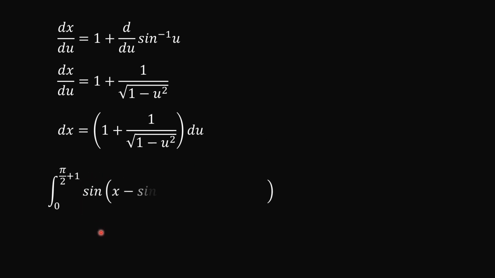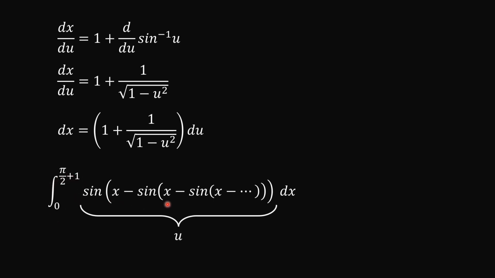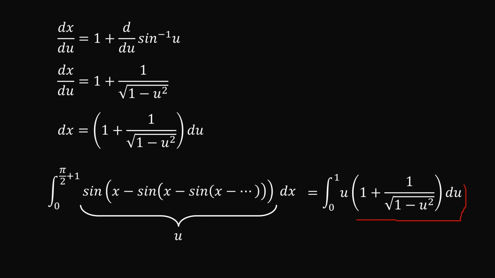And so our original integral of sine x minus sine x minus sine x all the way to infinity, from 0 to pi over 2 plus 1, is the same as, substituting u for this complicated integrand, and also substituting for the limits and for dx, the integral of u times, in brackets, 1 plus 1 over the square root of 1 minus u squared, du, where this originates from dx.